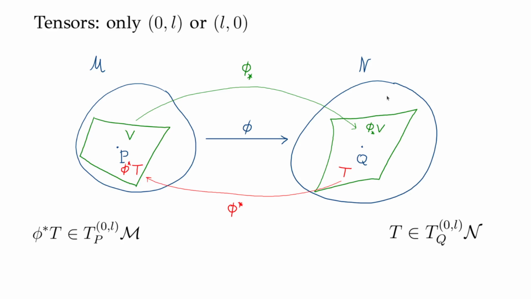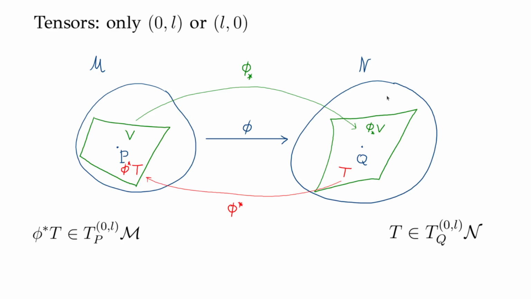We can generalize this to tensors of higher rank, but as we will see, this will be possible only for tensors whose indices are either all down or all up. These are tensors of type 0L or L0.